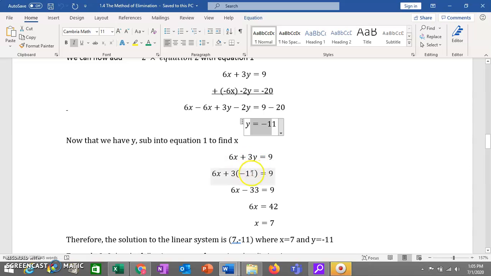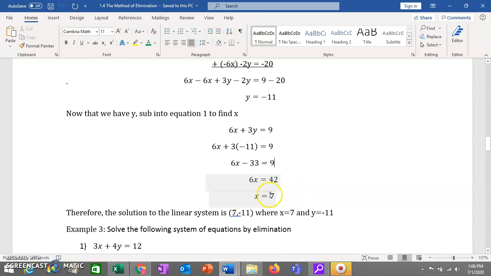I'm going to put negative 11 in for y: 6x plus 3 times negative 11, and that allows me to solve for x. So negative 33, bring that over to the other side, and I get 42. Divide both sides by 6, x is equal to 7. So I have 7 comma negative 11, or in other words, x is equal to 7, y is equal to negative 11. I have the solution here.